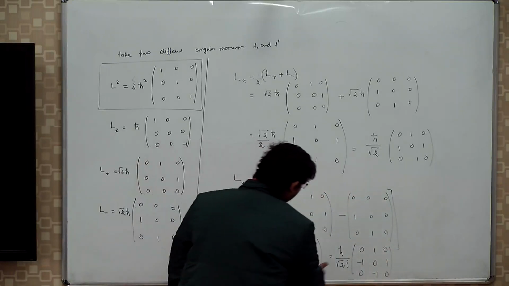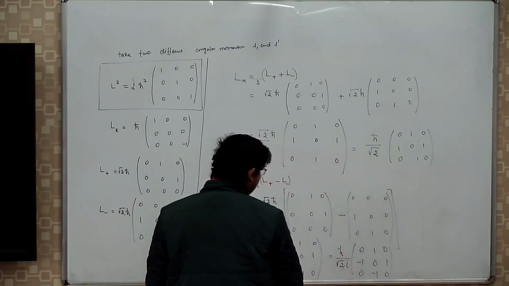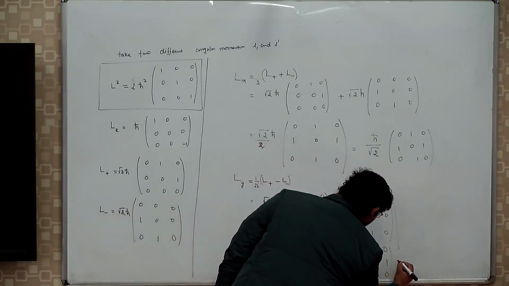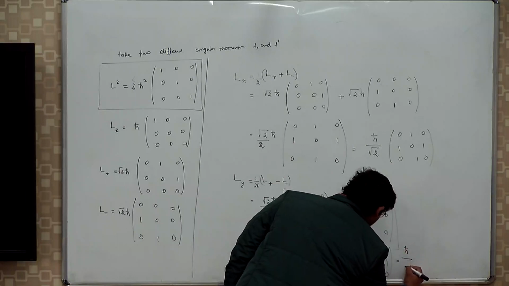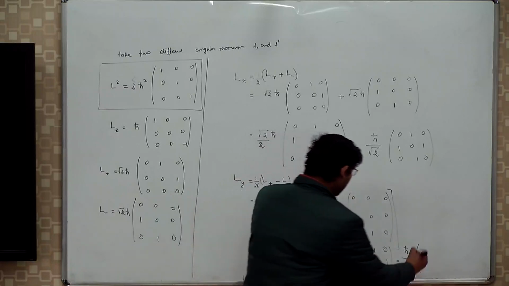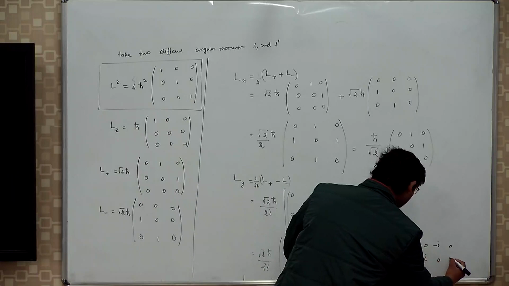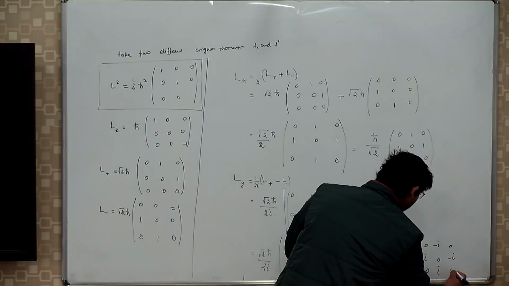So this reciprocal of i can be written as minus i. Further, it can be written as h cross by 2 times 0, minus i, 0, i, 0, minus i, 0, i, 0.